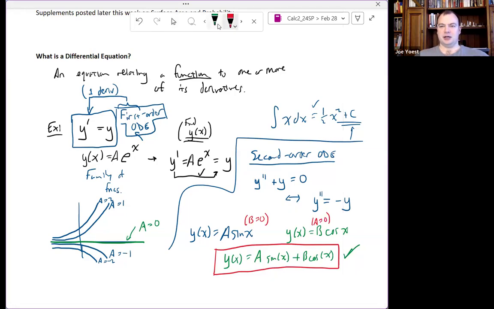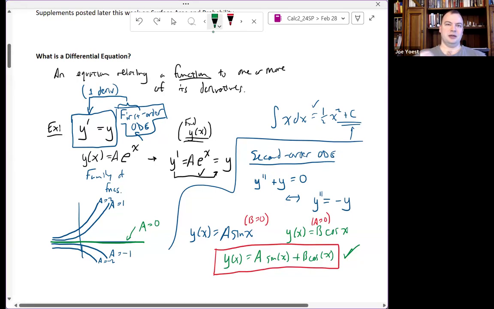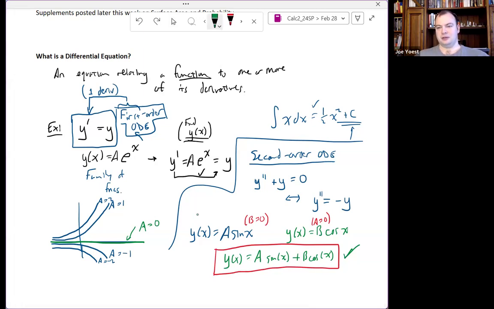Something interesting I see here: this is a second order differential equation because it has a second derivative on one of the functions. To, in a sense, undo two derivatives, I would have to perform two integrations.